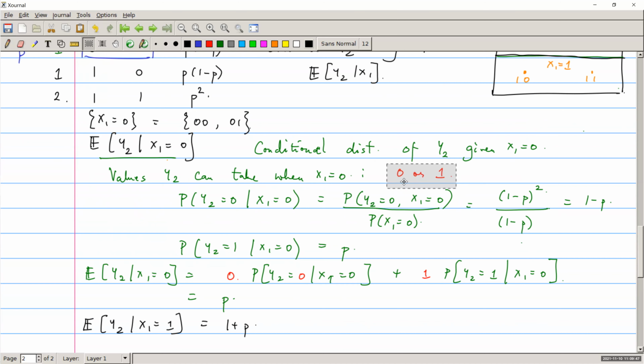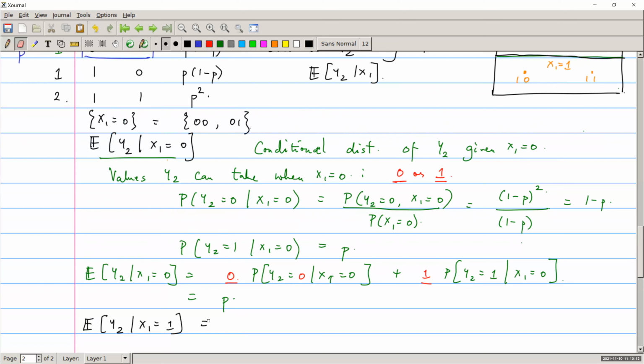So we just run through each of these values. I take the weighted average of all the values that y2 can take when x1 equals 0, but I weight it not by the distribution of y2, but by the conditional distribution of y2 given x1 equals 0. All right, that makes sense.